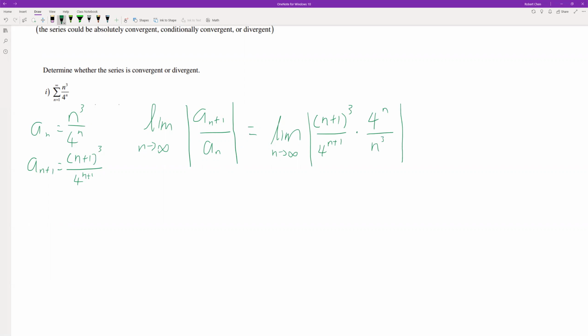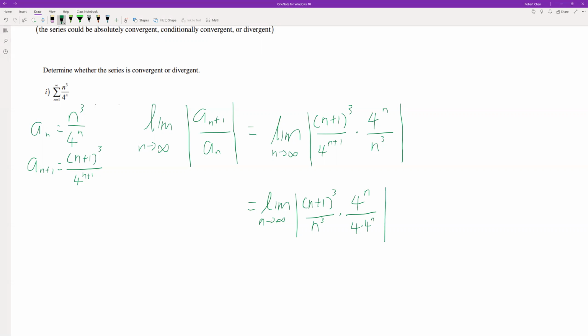We can simplify some of the stuff first, or we can reorder them around. I'm going to reorder them first before I do any simplification. I'm going to put n plus 1 and n in the same fraction, and since they are to the third power, when we take the limit, this will all go to 1.